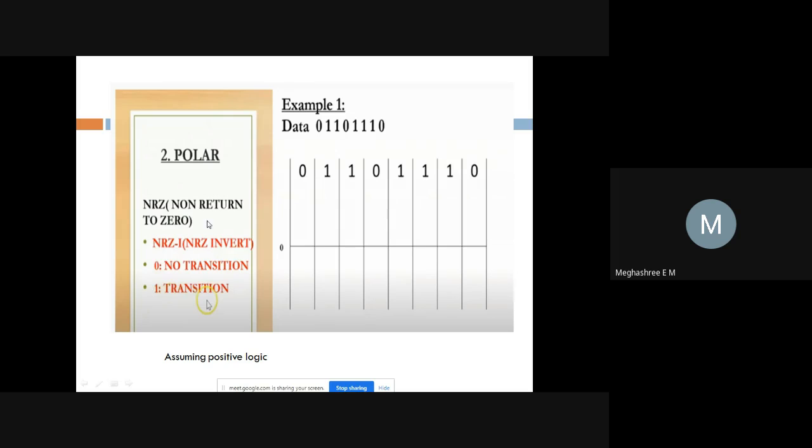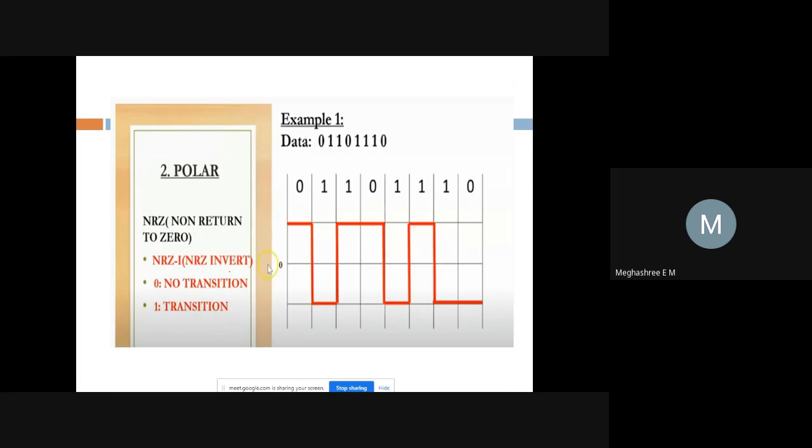Consider this is the given data for which you have to generate the digital signal. I have written an example here, the same data I considered.